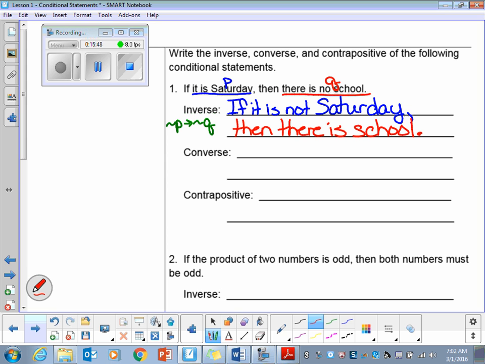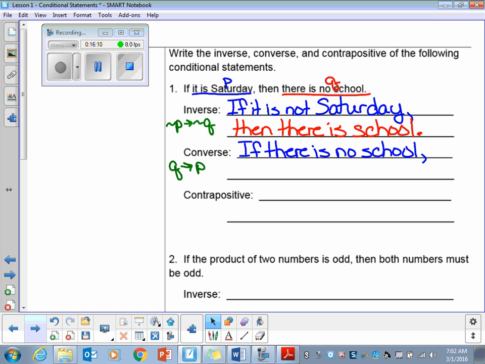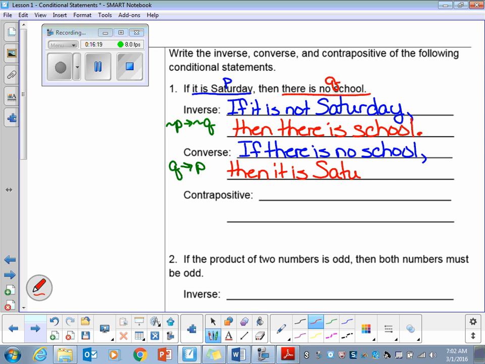Okay. The converse is formed when I switch the hypothesis and the conclusion. So Q, then P. So let's see here. If there is no school, then it is Saturday. And the contrapositive is formed by both negating and switching.